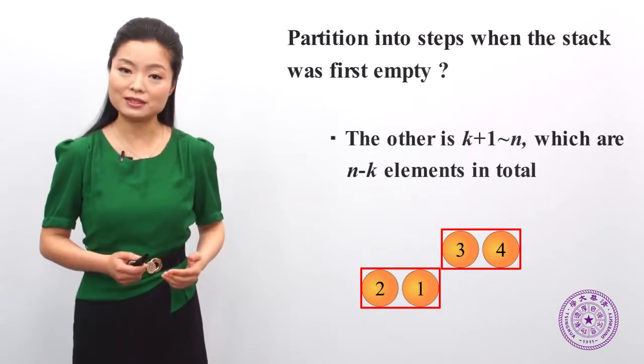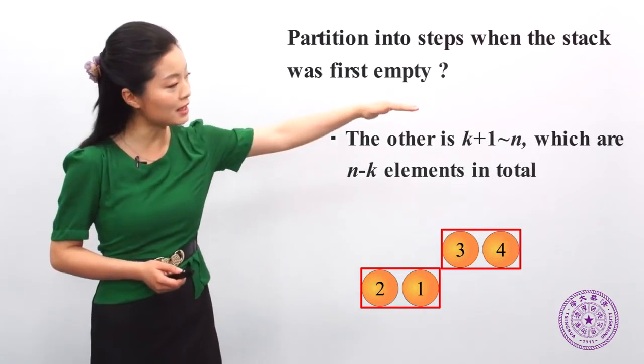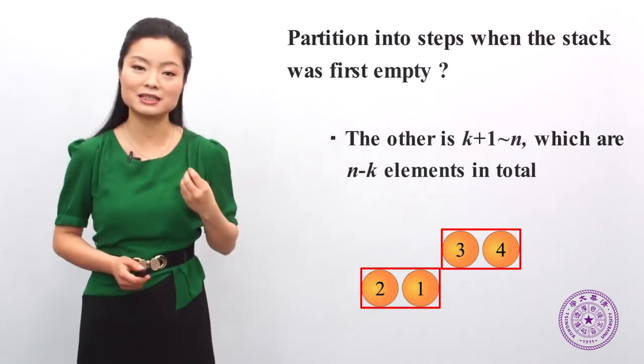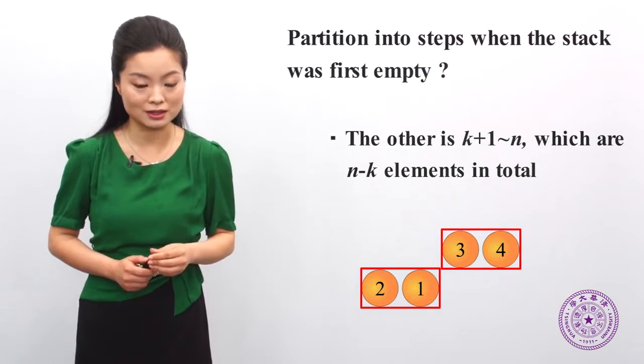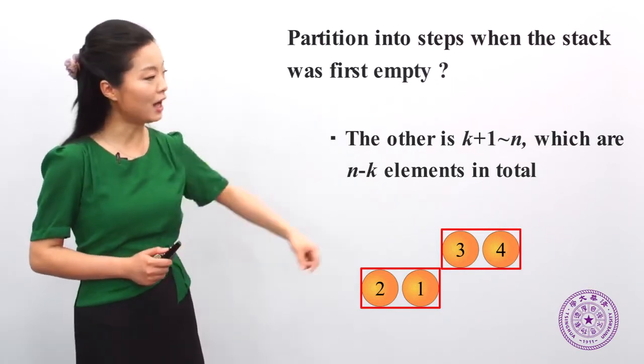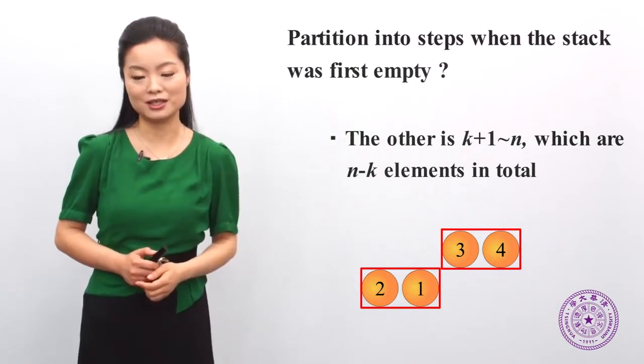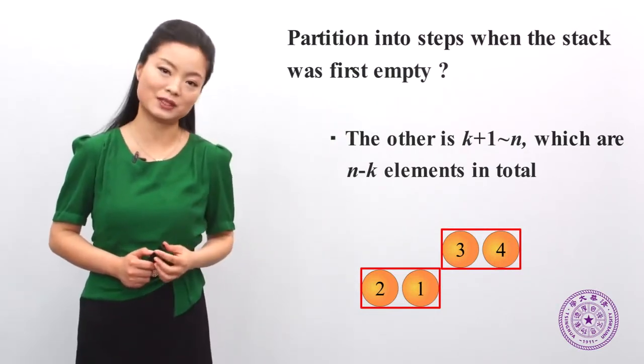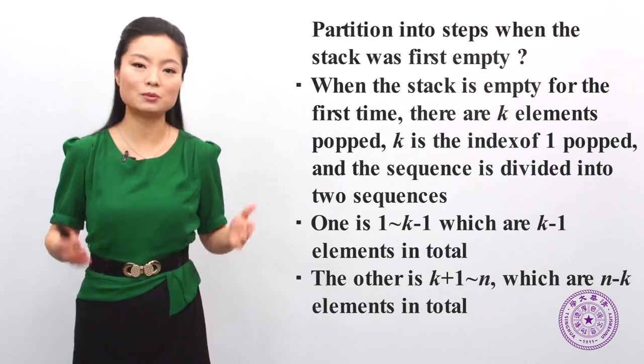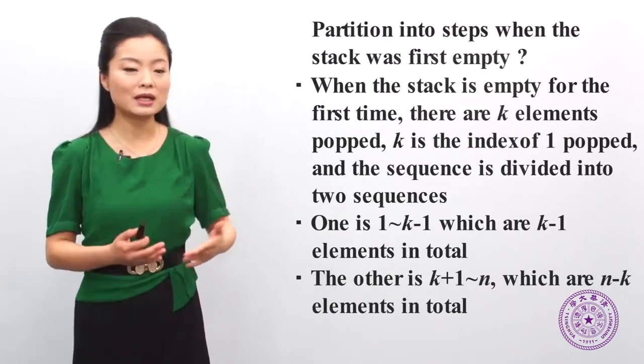Then another problem remains. Right now, outside the stack, how many elements have yet to enter the stack? Well, their labels will be k plus 1 to n. So there should be n minus k elements. So now we have analyzed the situation for an element labeled k.